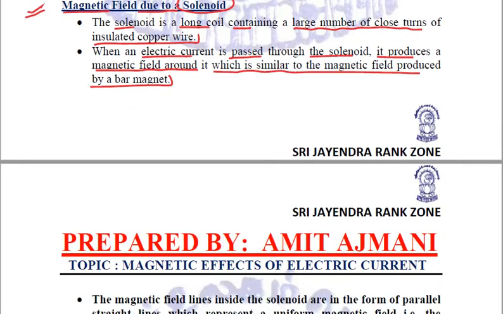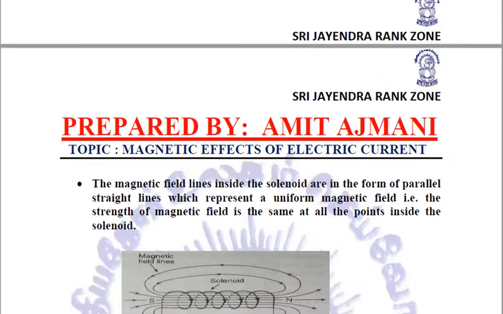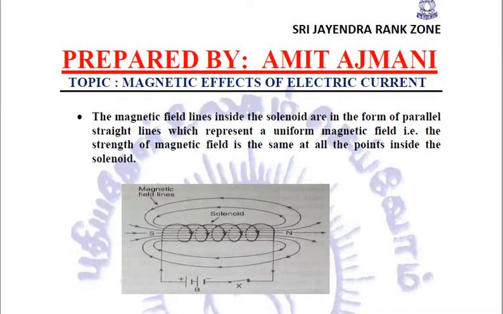Just like the magnetic field produced by a bar magnet, the same type of magnetic field will be produced. This is a solenoid in which we have these large number of turns, and when current is passed, then we will find that the magnetic field lines inside the solenoid are in the form of parallel straight lines that we can relate here in between, which represent a uniform magnetic field.